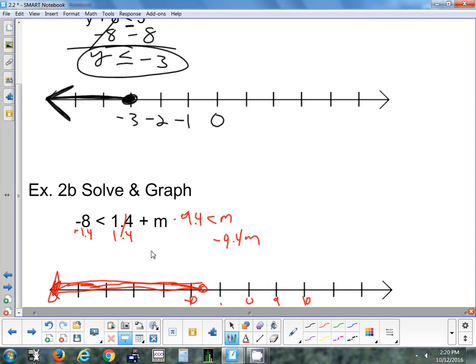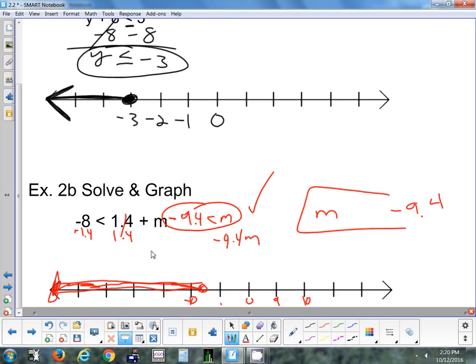All right, good. So let's take a look. Everybody get at least up to that? All right, now before we graph it, what I want to do is just rewrite it like this. Which way should that inequality point?